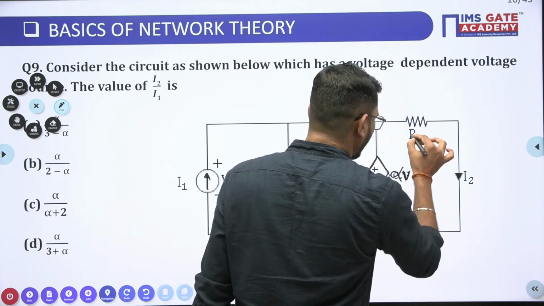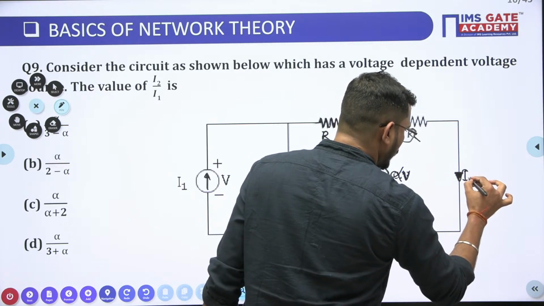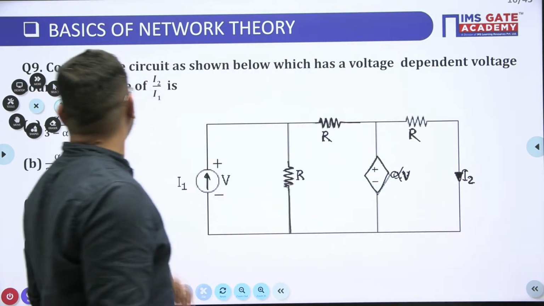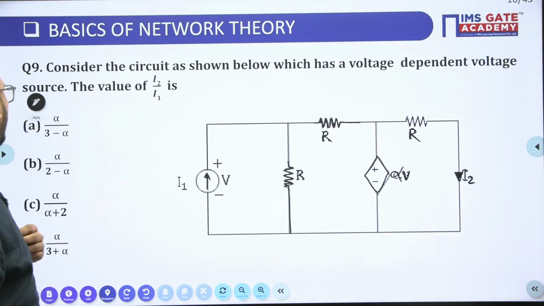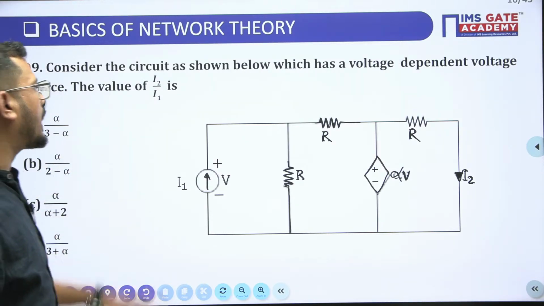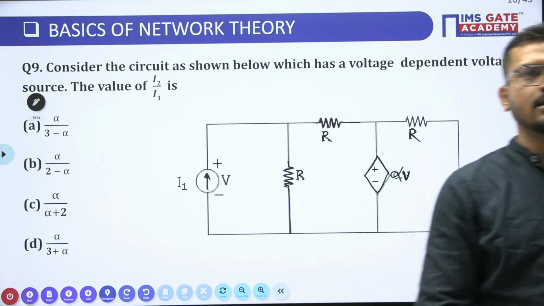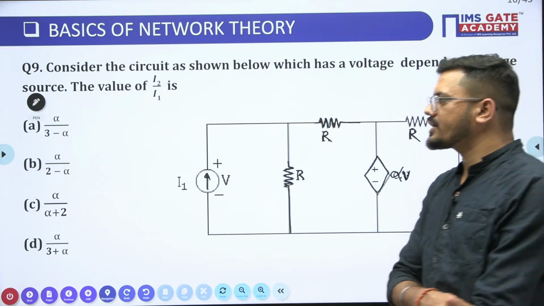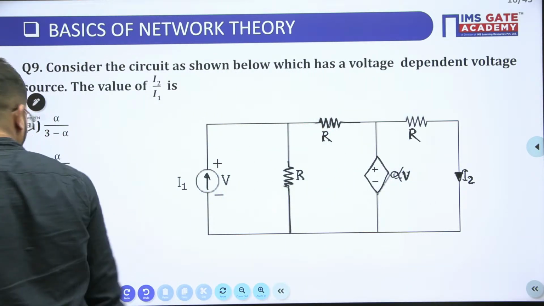This is R and this is the current. And you have to calculate what? Consider the circuit as shown below, which has a voltage dependent voltage source. The value of I2 by I1 is. Now you have to calculate the ratio of I2 by I1. Just do it fast please.